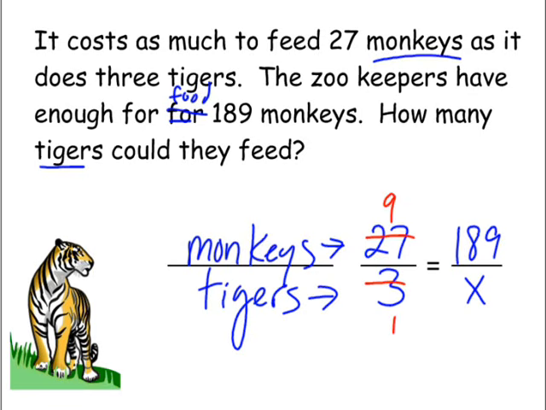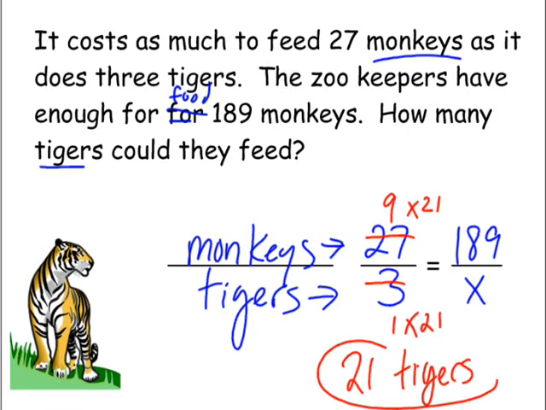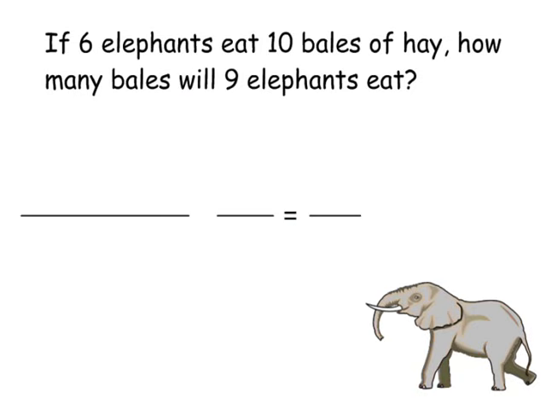And then I could use equivalent fractions because I know that 9 times 21 is 189. If I do 1 times 21, gives us our answer, 21 tigers. Remember, when you're solving proportions, you can use equivalent fractions or you can cross multiply. It doesn't matter.